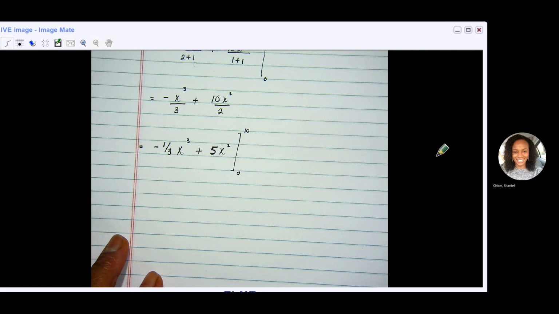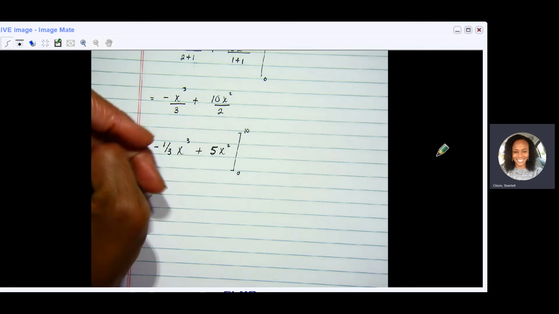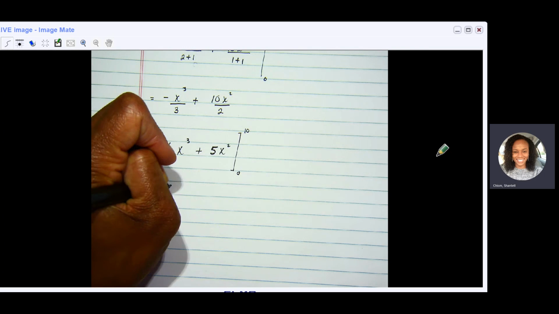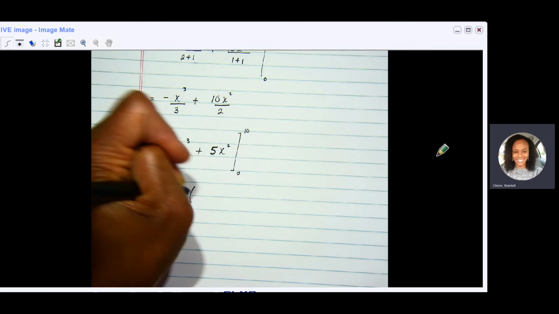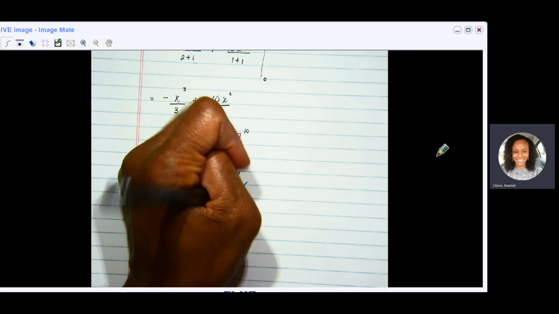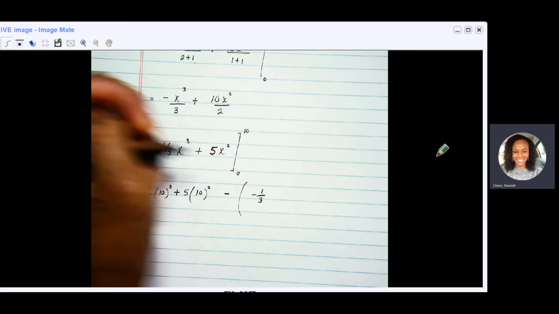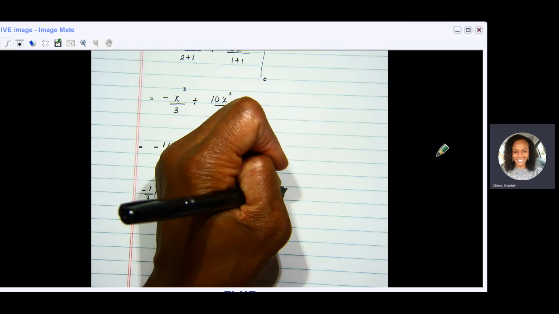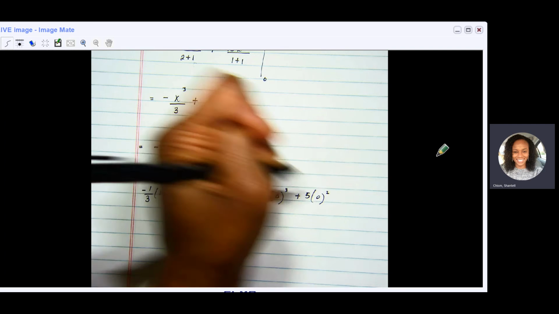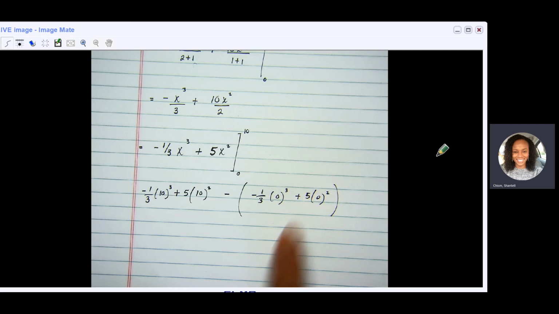That's it. Plug in 10, -1/3 times 10 cubed, plus 5 times 10 squared, minus... Oh, this one's at 0. You don't even have to do this one. That's just going to go away to 0.